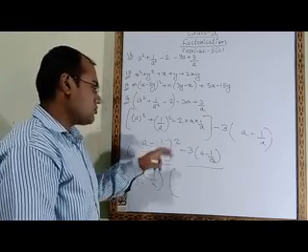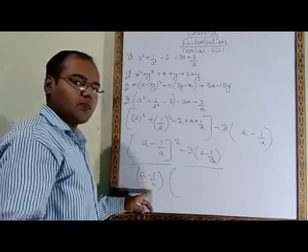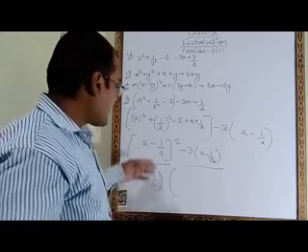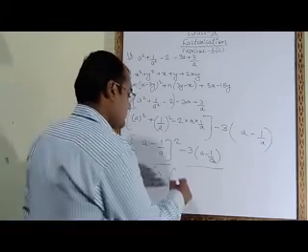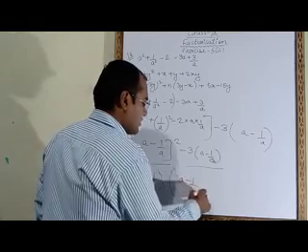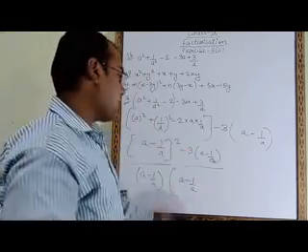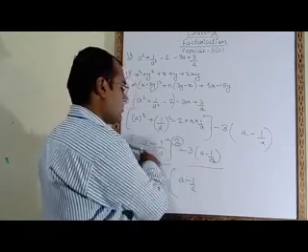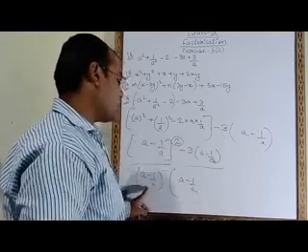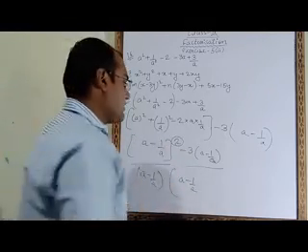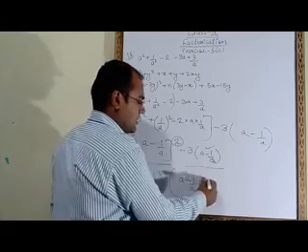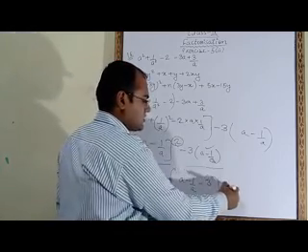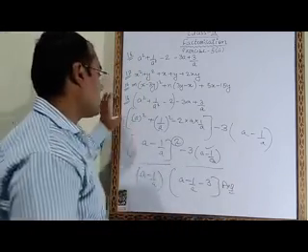So from these 2 times, a minus 1 upon a, 1 time we have taken common, so 1 is remaining. Now here, this a minus 1 upon a we have taken common, so what is remaining here? Minus 3. So this is your answer of question number 16.